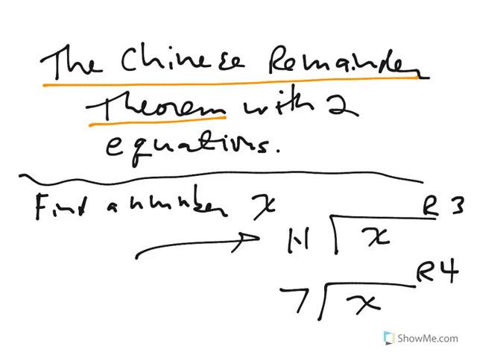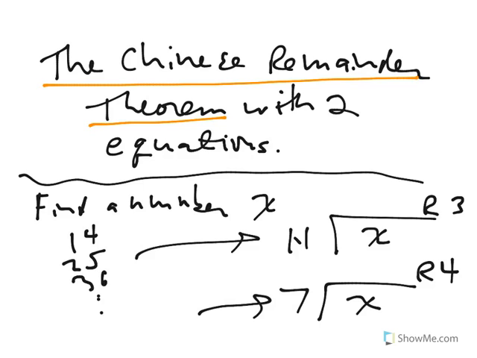And the issue with it is that there's a lot of numbers that if you divide by 11, you get remainder 3. 14 is one of them. It's 1 remainder 3. 25 is another. It's 2 remainder 3. 36 is another. And there's an infinite number of those.